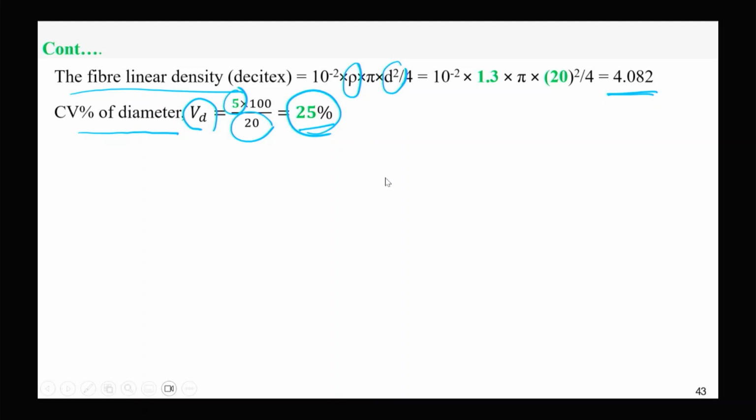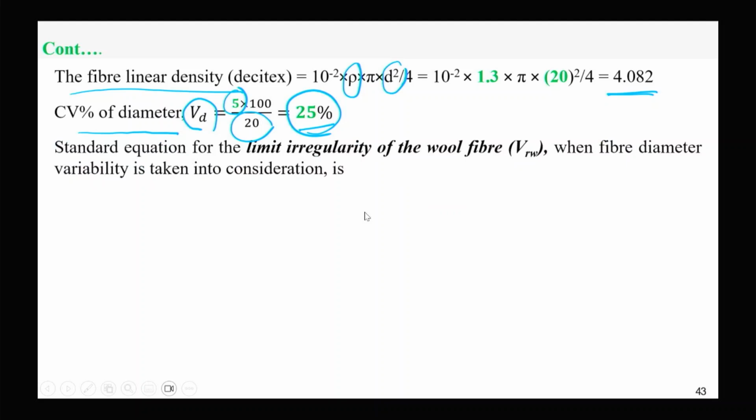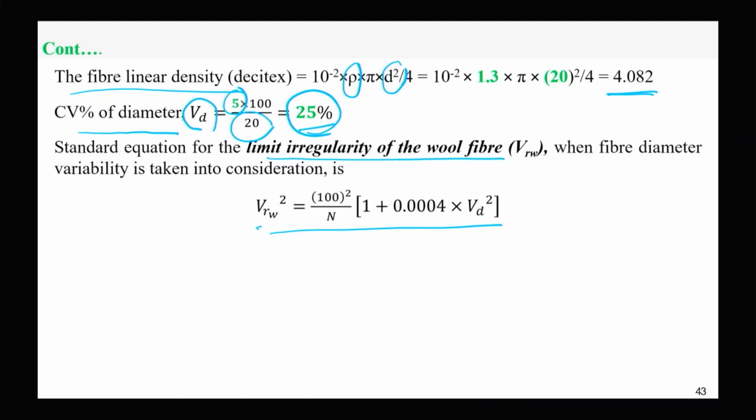From there we can calculate the limit irregularity using the relationship which has been discussed earlier, where VRW is the wool fiber limit irregularity, N is the number of fibers and Vd is the coefficient of variation of fiber diameter.